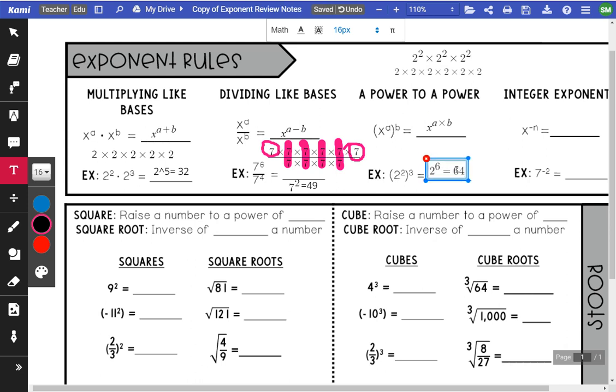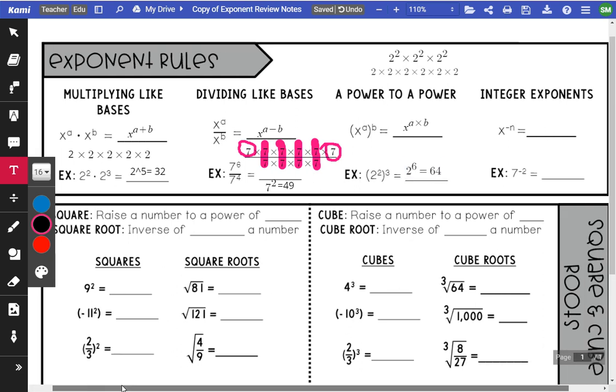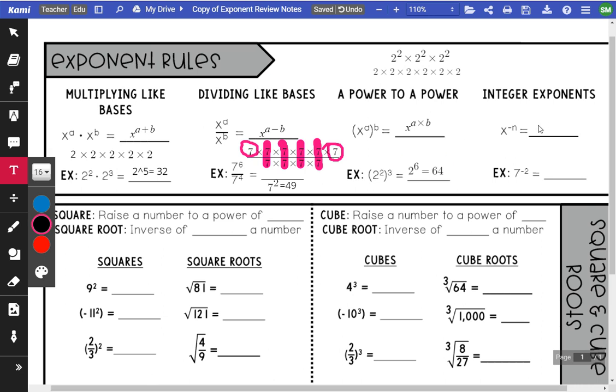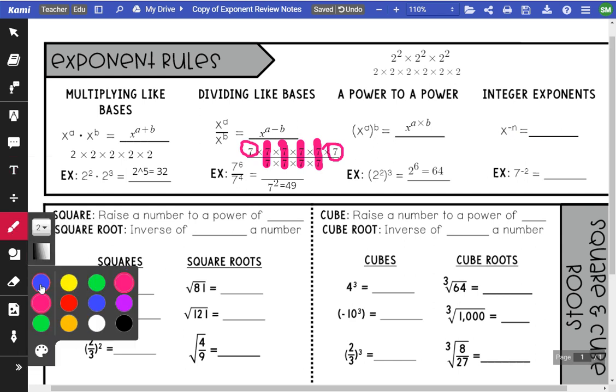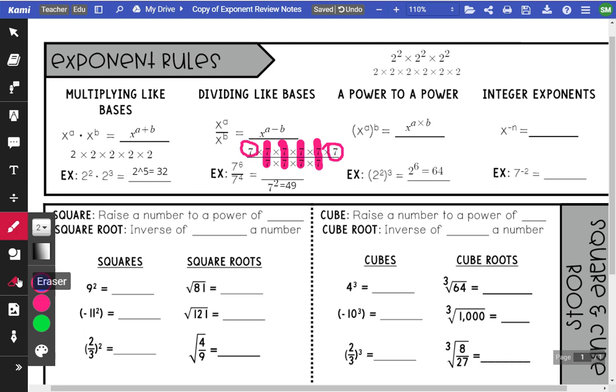Again, exponential form, simplify or evaluate. Okay, integer exponents. The rule here, if you remember, is that a negative exponent in the numerator, which this is because, watch me here, if I make this a fraction, it would be over 1, right? It's in the numerator.